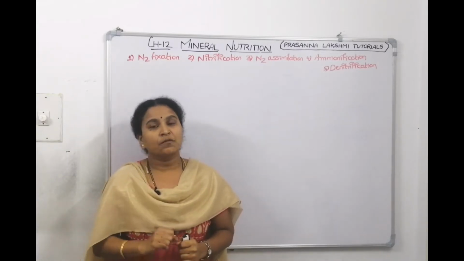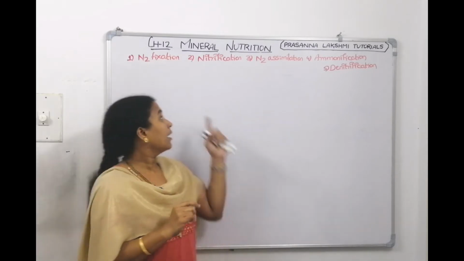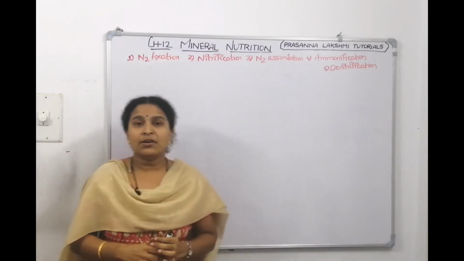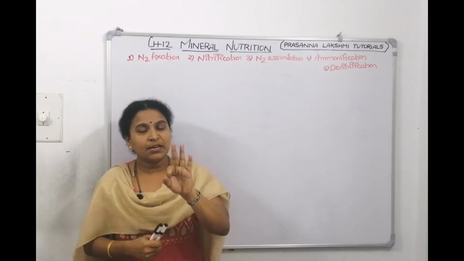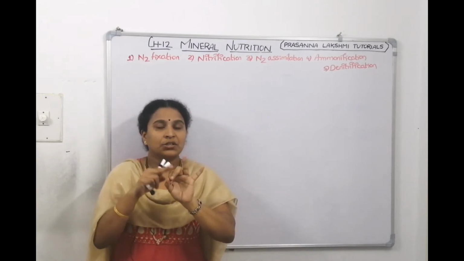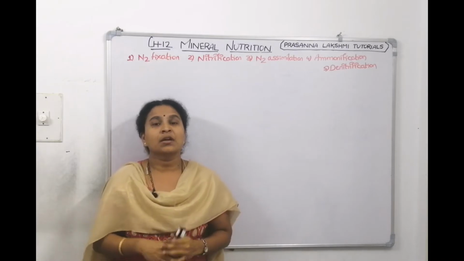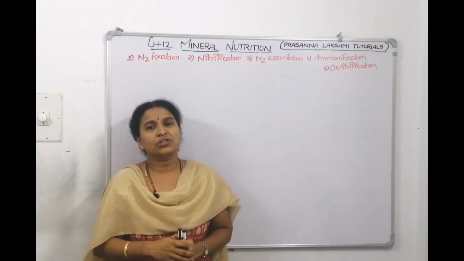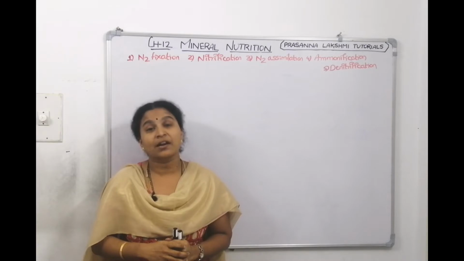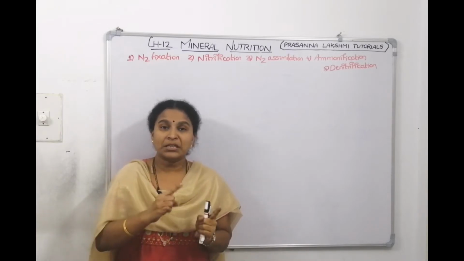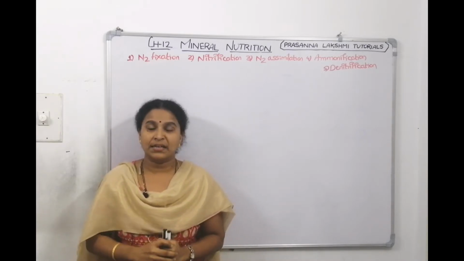In the previous lecture, we started with the first topic called nitrogen fixation. In nitrogen fixation, we discussed that there are 3 types: industrial nitrogen fixation, electrical nitrogen fixation, and biological nitrogen fixation. Now, in biological nitrogen fixation, we were talking about symbiotic nitrogen fixation between Leguminaceae plants and Rhizobium bacteria.